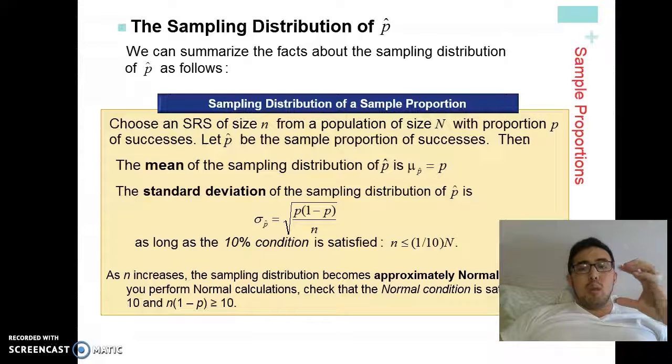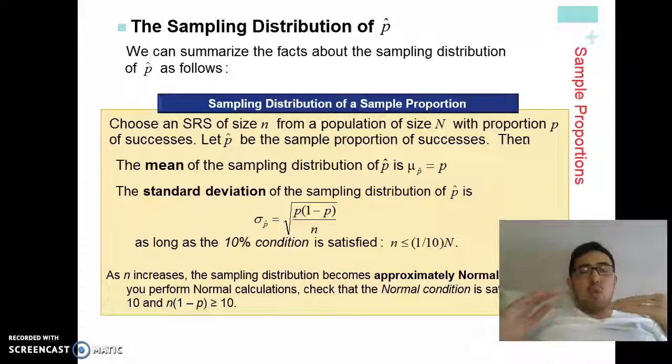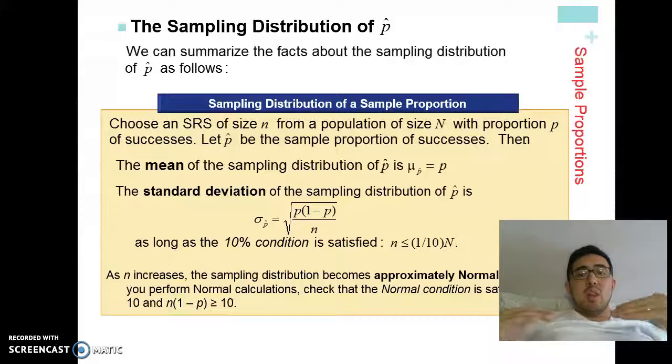Because remember, binomial scenarios, as n gets larger, they become closer and closer to normal. So if we want to do any normal calculations on it, n times p must be greater than or equal to 10, and n times 1 minus p must also be greater than or equal to 10. These are all conditions that feed off of the assumption that the scenario is binomial.